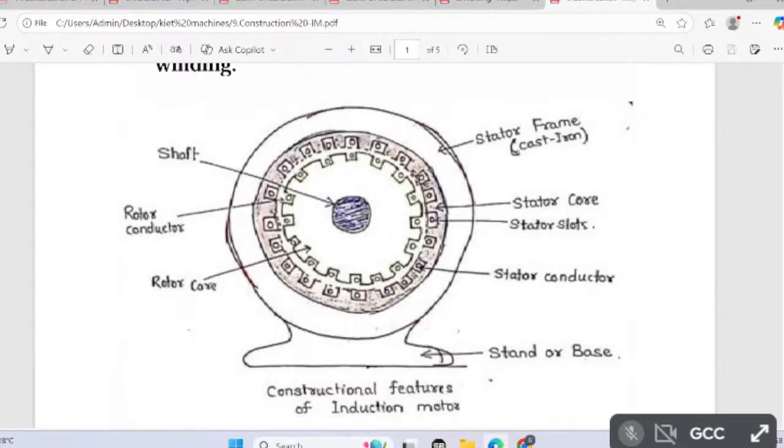Stator three-phase, rotor three-phase. There are no brushes, no slip rings, no commutator. Only slots. So compared to the DC generator and alternator, the construction of the induction motor is very easy.